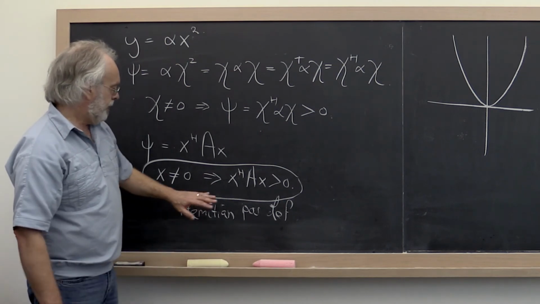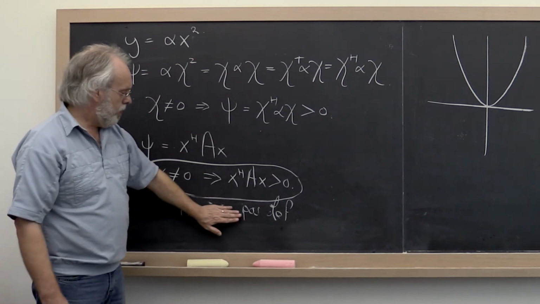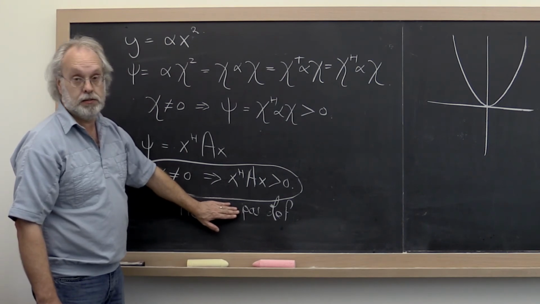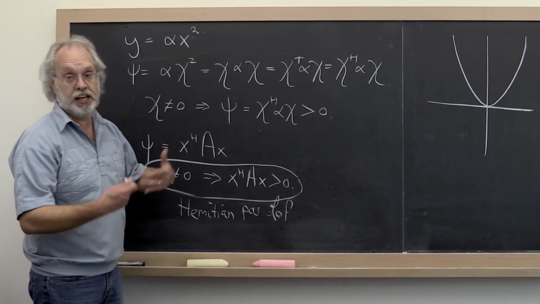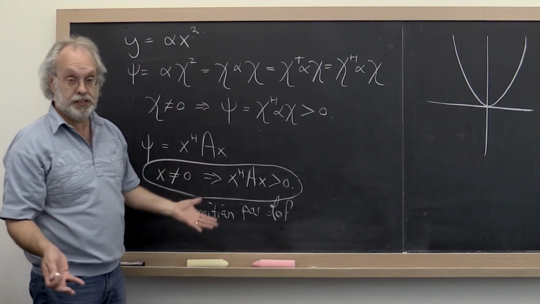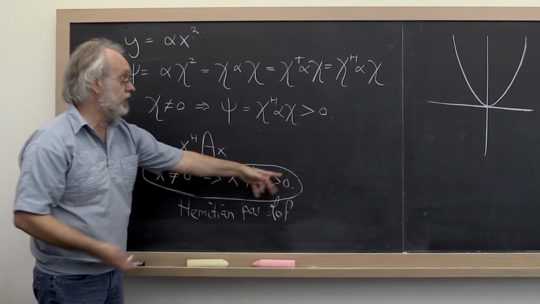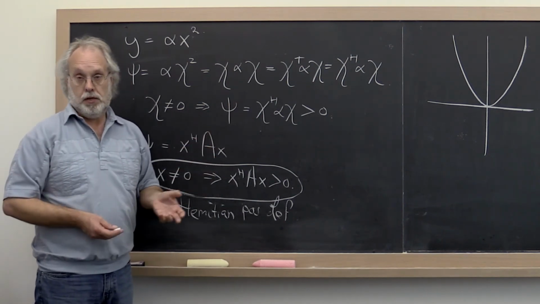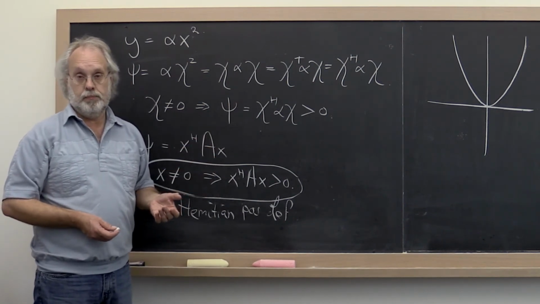Now, if A is not Hermitian, then we say that it is merely positive definite. And you can have negative definite, you can have negative indefinite, which means that it actually could be equal to 0, but those are all special cases that you can go look up when you actually need them.